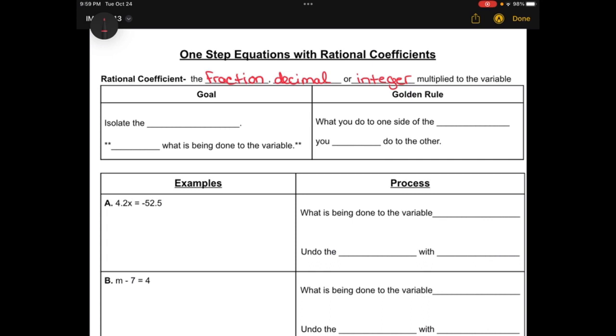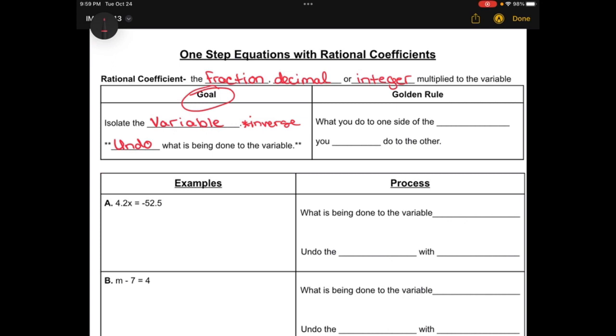So when we are solving one-step equations, your goal is to isolate the variable. When you isolate the variable, that means you have to do the inverse. You want to undo what is being done to the variable.